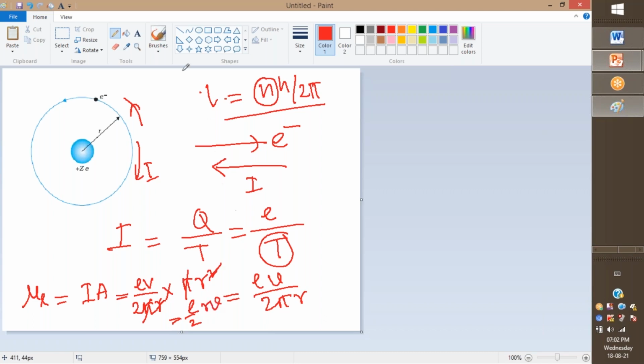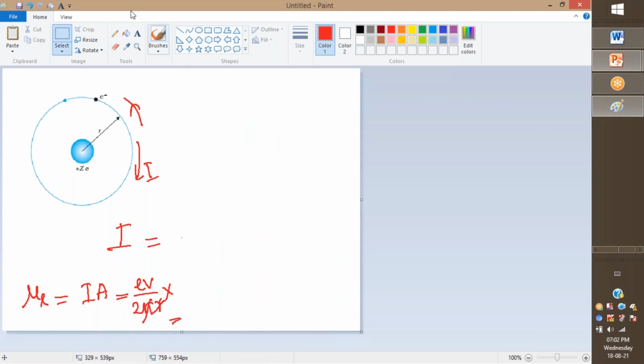I'll just clean everything and write this equation again, then it will be clear to you. So the magnetic moment, which I have written here as μ_L, the magnitude I am getting is e by 2 into v into r.